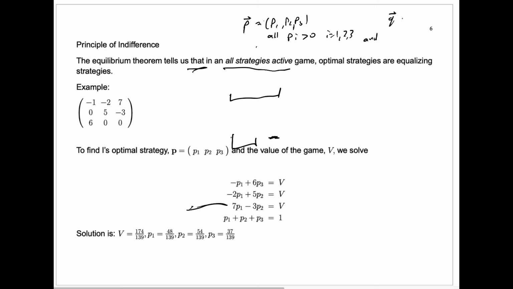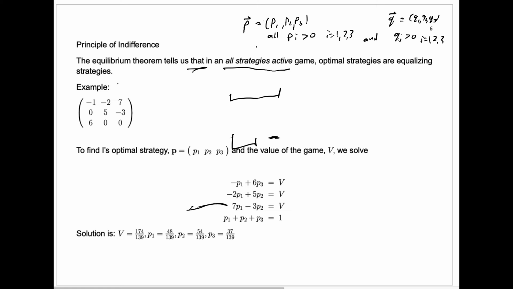And the same thing for player 2. Say q is q1, q2, q3, and then the q sub j is greater than 0 for j equals 1, 2, and 3. And so for player 2, all columns are active, meaning all columns appear with positive probability in an optimal strategy.